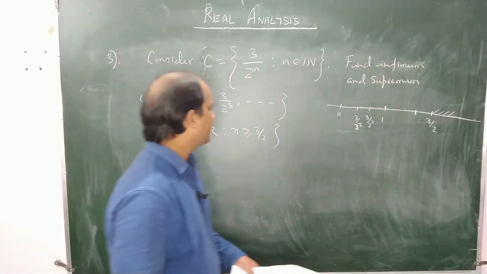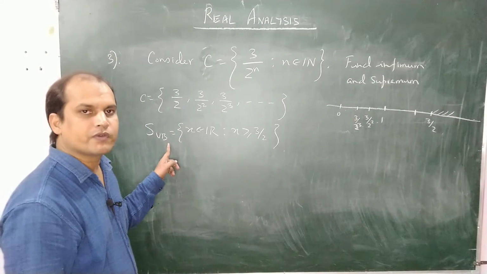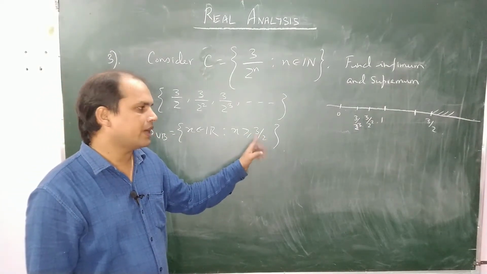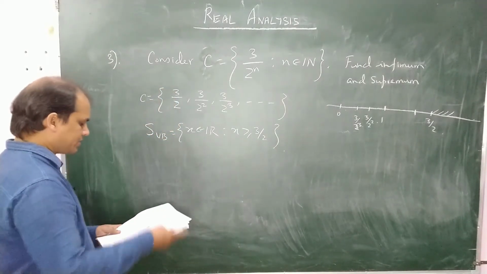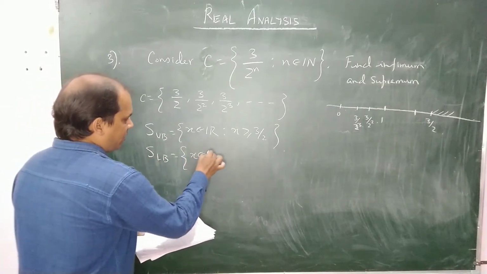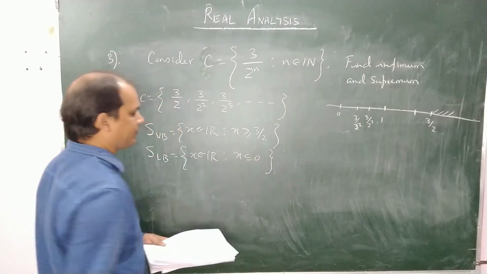This is the reason why we claimed that the set of all upper bounds will be all those real numbers starting from 3 by 2 and to the right. Similarly, the set of lower bounds will be all those x from R such that x is less than or equal to 0.